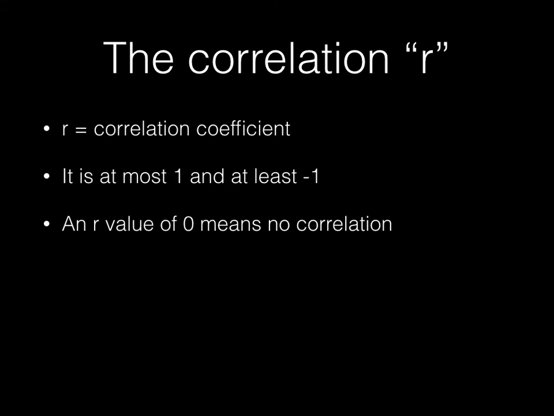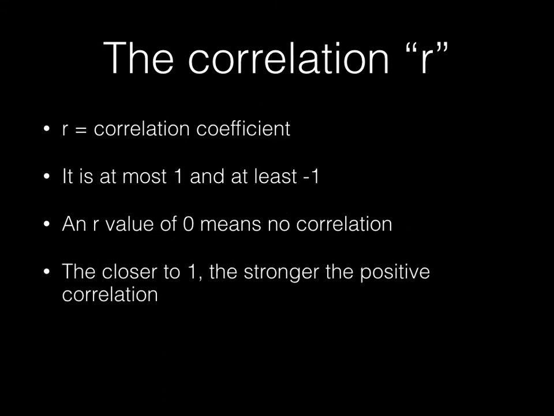So if 0 means no correlation, and you can have positive and negative numbers, you might predict that the positive numbers go with the positive correlations and the negative numbers go with negative correlations. The closer you are to 1 with your R, the stronger the positive correlation you have.